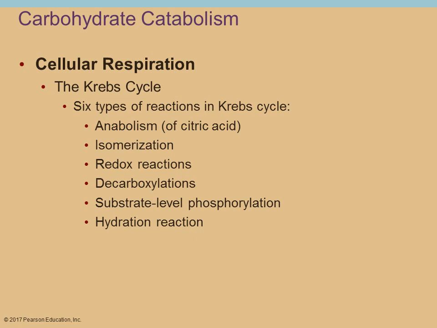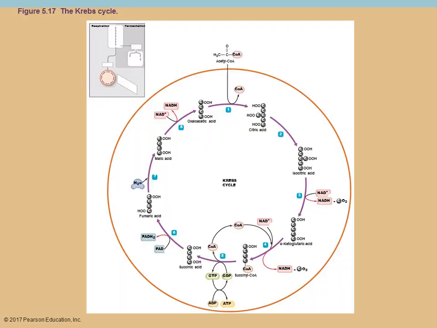There are going to be 6 different types of reactions that occur in the Krebs cycle. We're just going to walk through them. And also, just so you are aware, this is one of the things where I know we annoy you students, and I'm sorry, it is what it is. Basically, part of it is scientists get used to doing their own thing and using their own vocabulary, and they can't agree. The Krebs cycle, that's what we call it in microbiology.